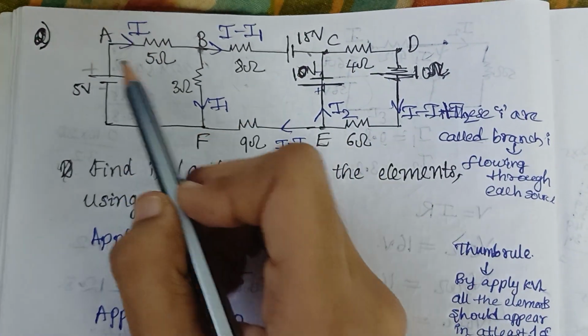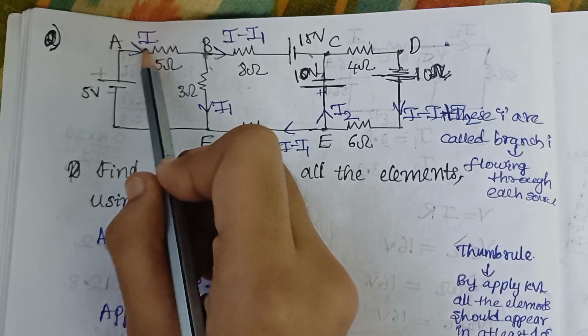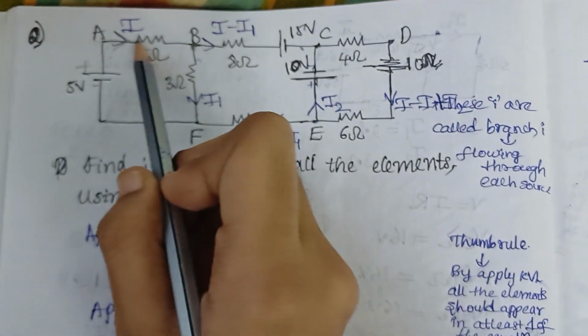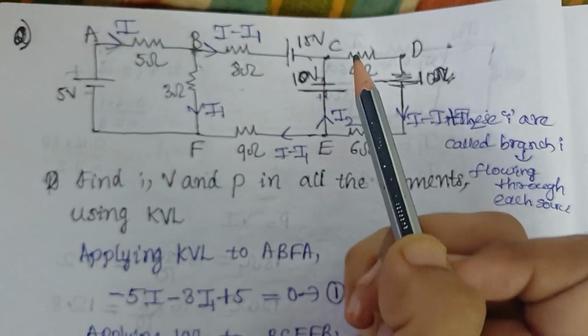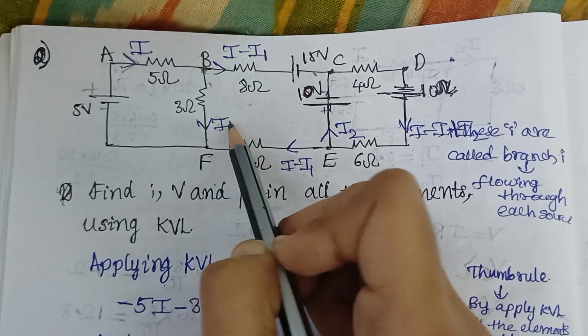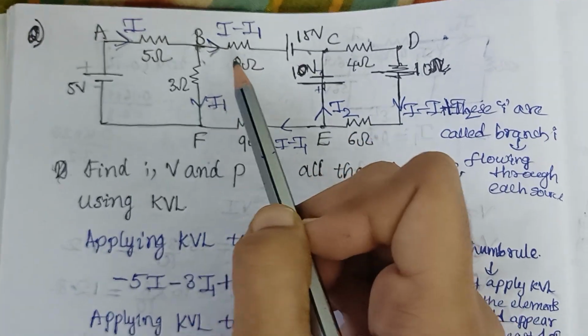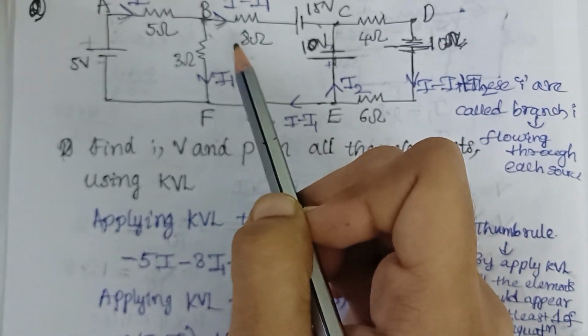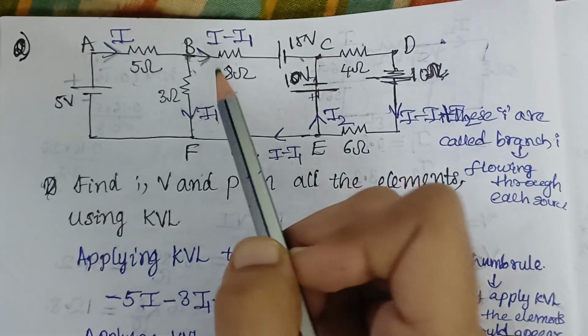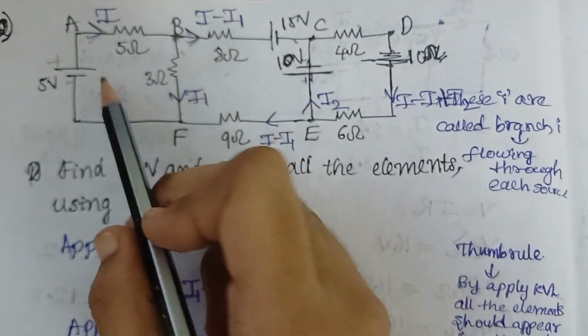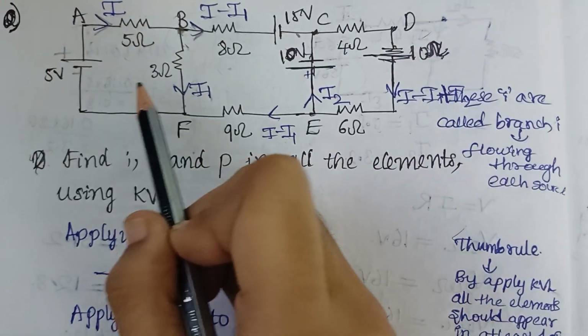Now let us suppose the current flowing towards this junction B is I, and this current is I1, moving in this direction. I explained in the last video that we can take any direction for the current, so I am assuming this direction.